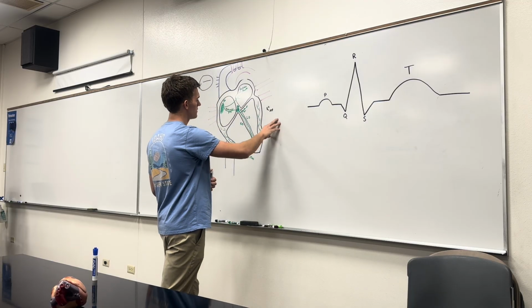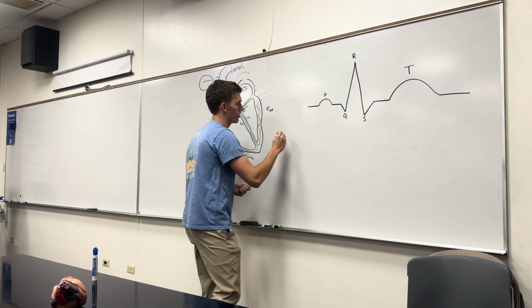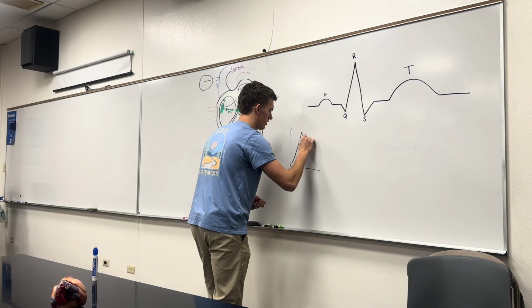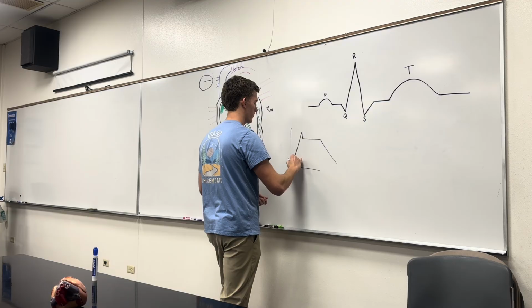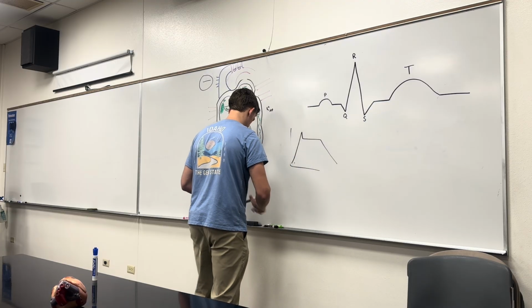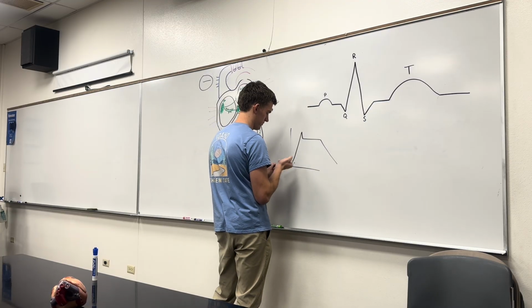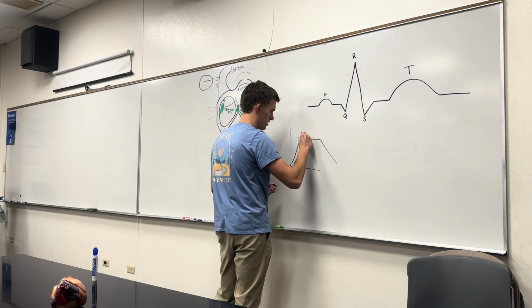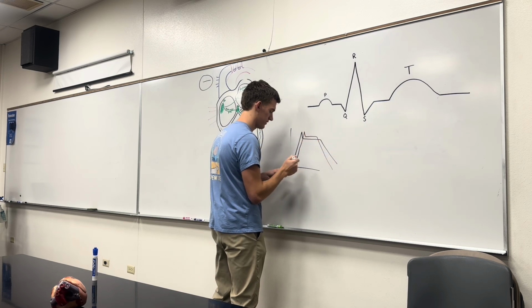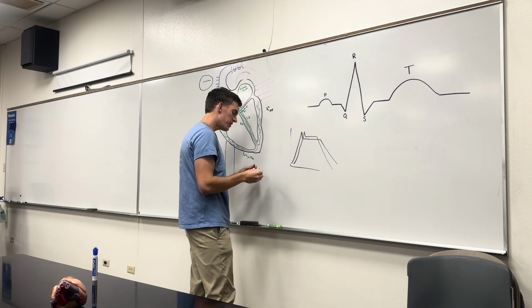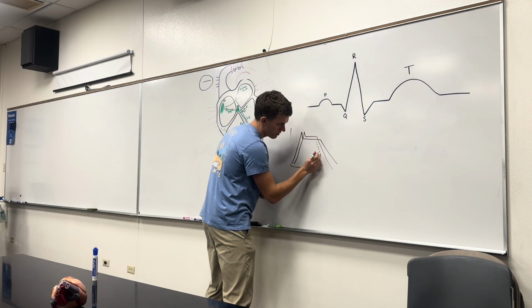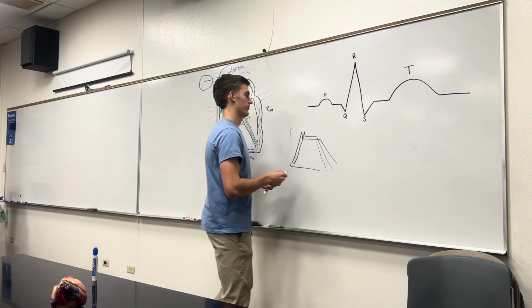And when that opens up, it makes it so the endocardium, which is usually like this, and our epicardium usually follows behind it and then repolarizes first. It makes it so our endocardium repolarizes first.